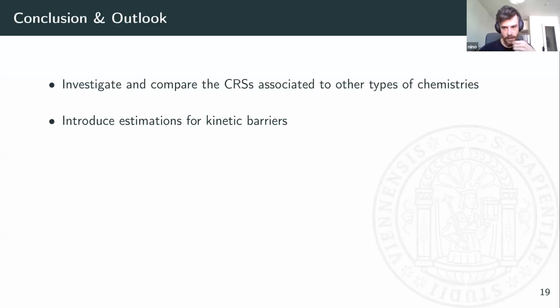The zero barrier approximation is a valid first approximation, but for studying more realistic settings, one should definitely try to introduce the kinetic barriers back into the equations and try to get an estimation of equilibrium fluxes that includes kinetic barriers.